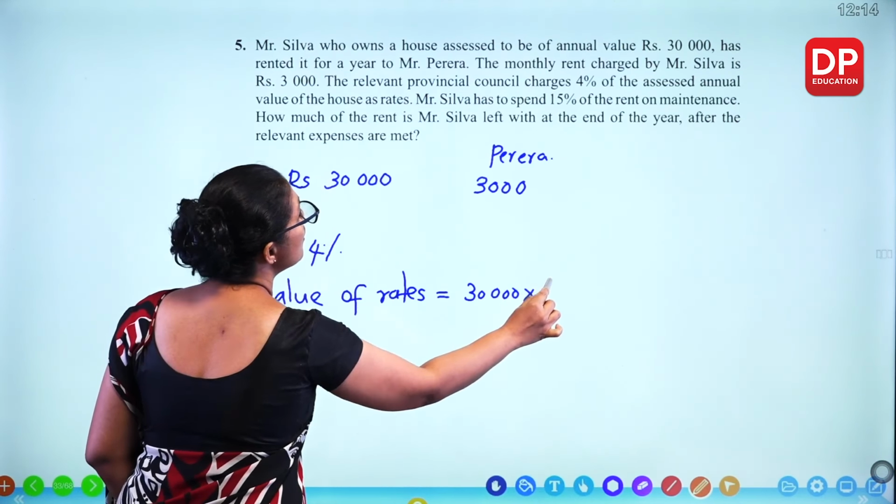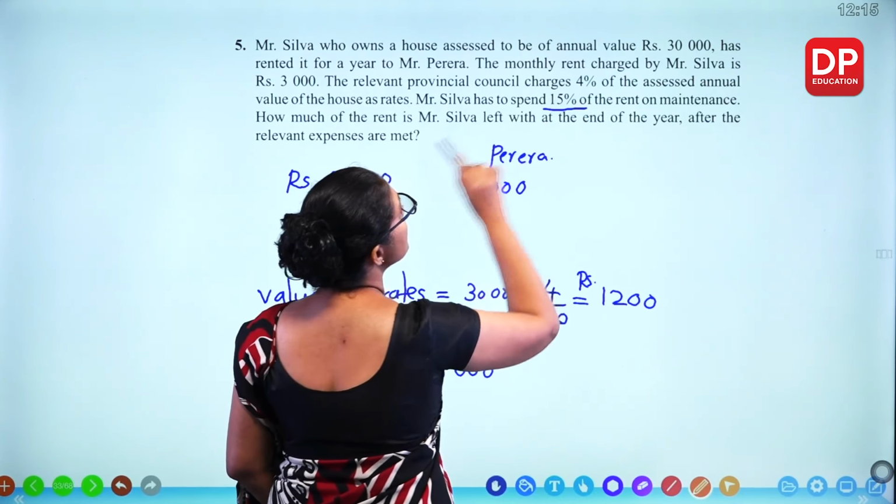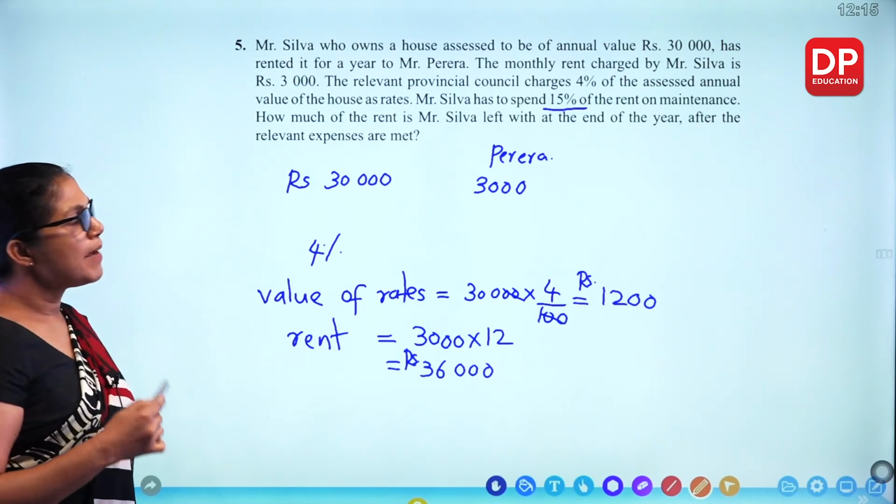And then how much he earns from this rent. This is for a month. For the year, we need to multiply by 12. So rent charges is 3,000 multiplied by 12. 36,000 he is getting. But he has to spend 15% of the rent on maintenance.